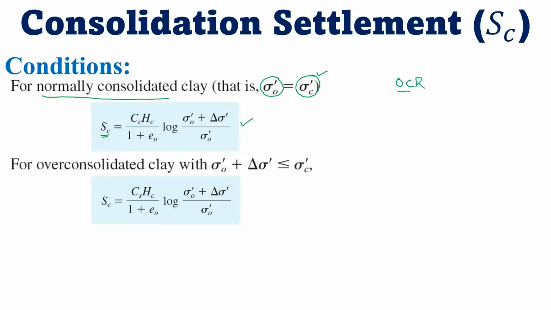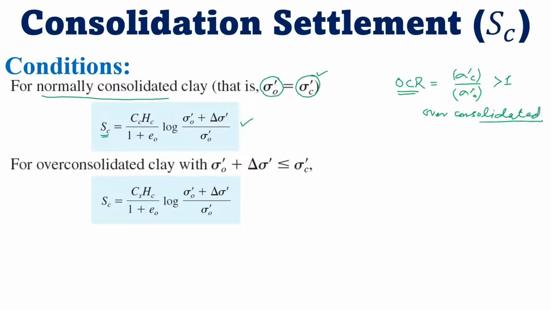This is checked by the over consolidation ratio, which is equal to sigma dash C divided by sigma dash naught. That means pre-consolidation stress divided by the geostatic vertical effective stress. If this ratio is greater than 1, we can say that our soil or clay is over consolidated.